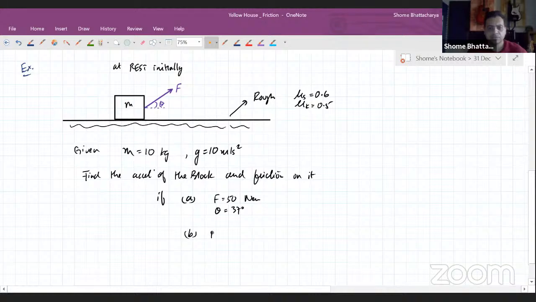Second part, the force we are applying instead is 100 newtons, and it is at an angle of 53 degrees with respect to the horizontal. Just try out this question, and I will send you the notes of the last lecture in between.